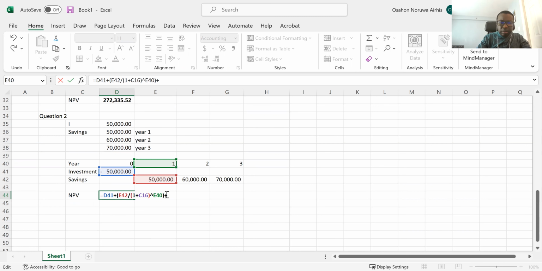Plus, bracket open, 60 divided by, bracket open again, 1 plus C16 raised to power 2, bracket close, plus 70 divided by 1 plus C16 raised to power 3.